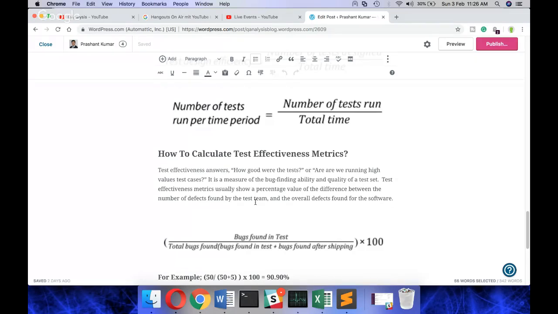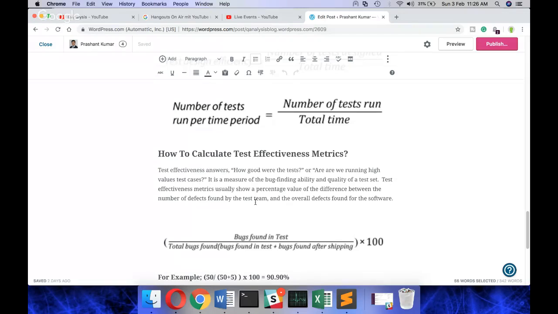Let's say 2 weeks after the release has gone into production, if anything comes into the queue as a production defect, and it is attributed as something that could have been identified in a QA cycle, then it is attributed to QA. So all those defects plus the total number of defects identified by the testing team, when you sum it up, and you divide the bugs found in test by this bigger number, it gives you an idea of your test effectiveness.